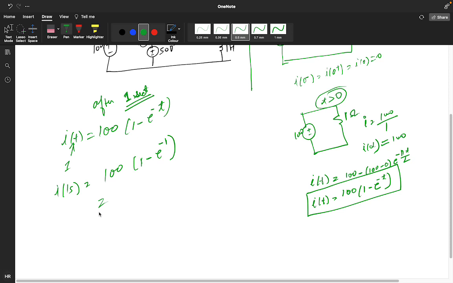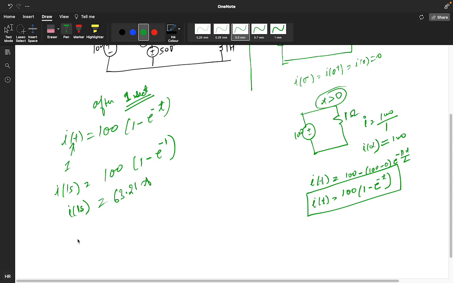While you calculate this value, how much will you get? 63.21 ampere. I of 1 second.